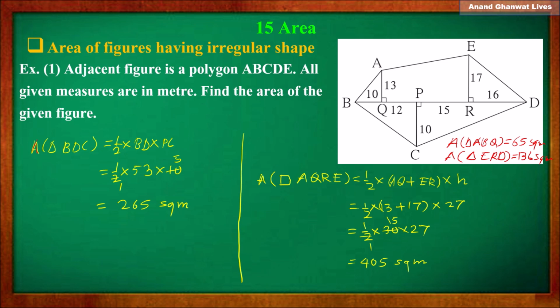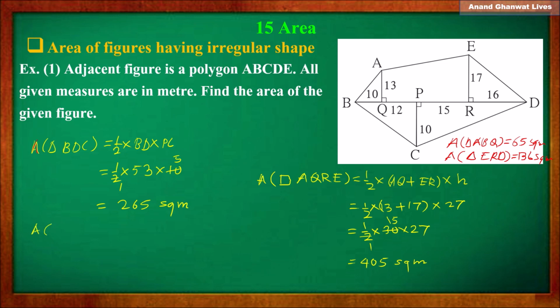So the total area of polygon ABCDE is the sum of all these triangles and quadrilaterals. Let us add them.